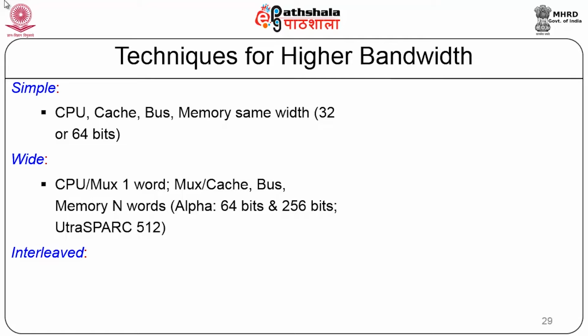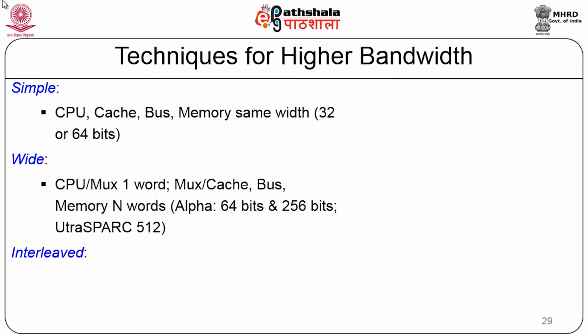In order to improve the bandwidth, you can try to look at a wider main memory, where between the CPU and the cache you have one-word transfers, but at the next level you have a bus which allows you to do multiple word transfers. So, from the memory to the cache, you can do multiple levels of transfers, where you could look at a wide memory.